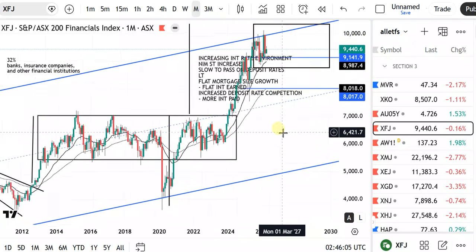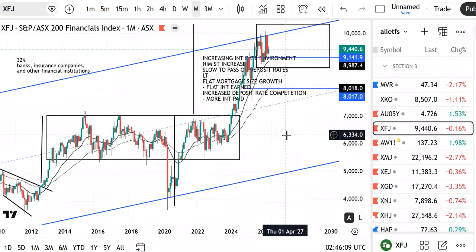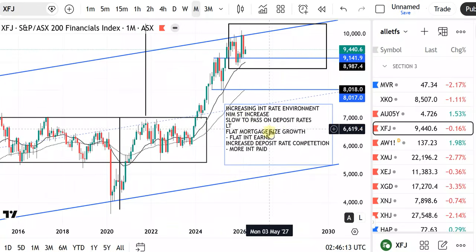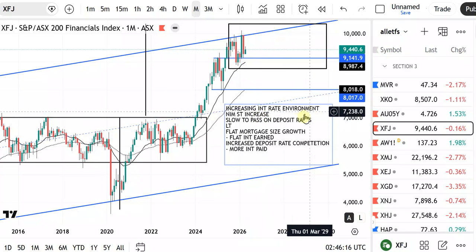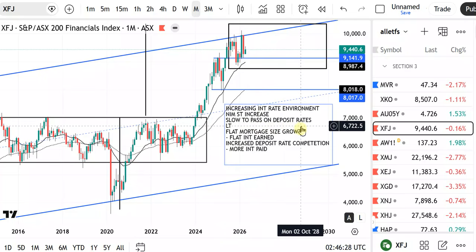But the Rooster reckons we're in for one of these types of periods. So in an increasing interest rate environment, in the short term the NIM increases because the banks jack up the mortgage rates, but they're slow to pass on deposit rates, so that margin expands.